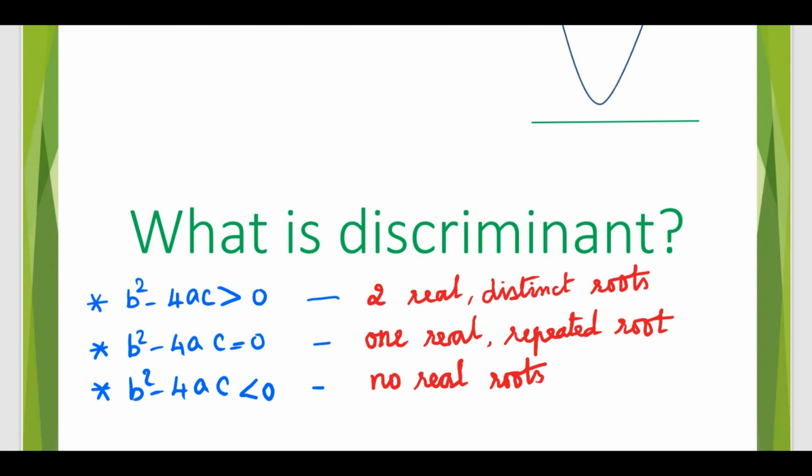The first one is b square minus 4ac is greater than 0. Then the quadratic crosses the x-axis twice and it has two real and distinct roots. Next, b square minus 4ac equal to 0. Then the quadratic crosses the x-axis once.